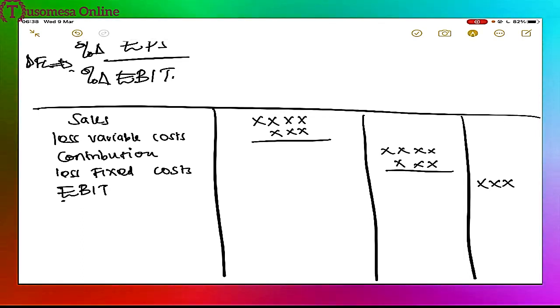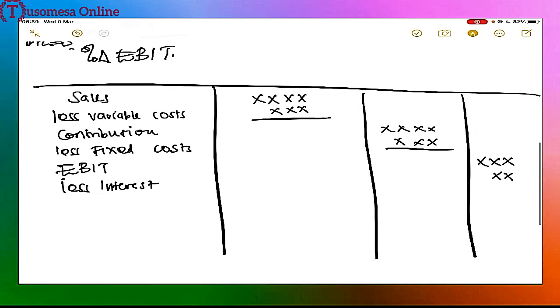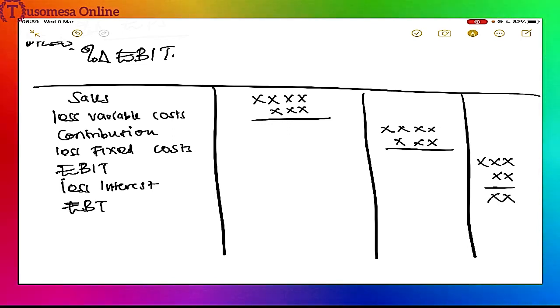Now from here we start financial leverage. So earning before interest and tax less interest gives you the earning before tax.